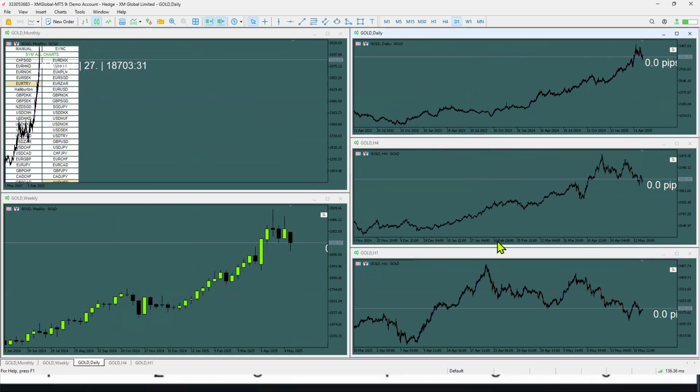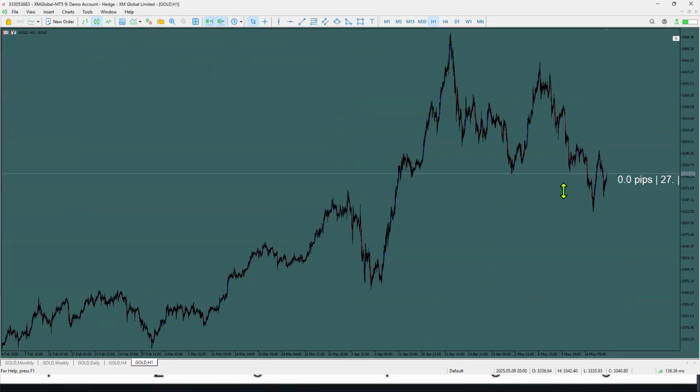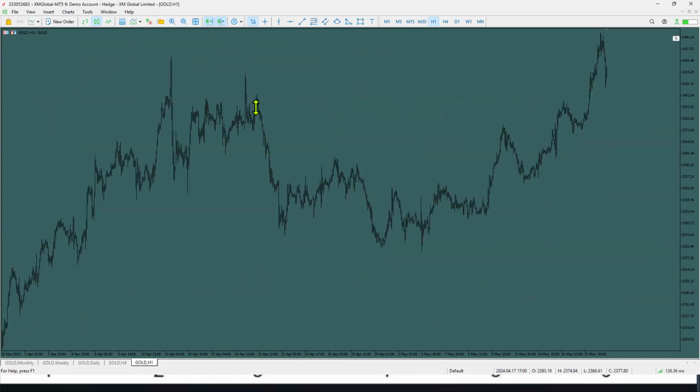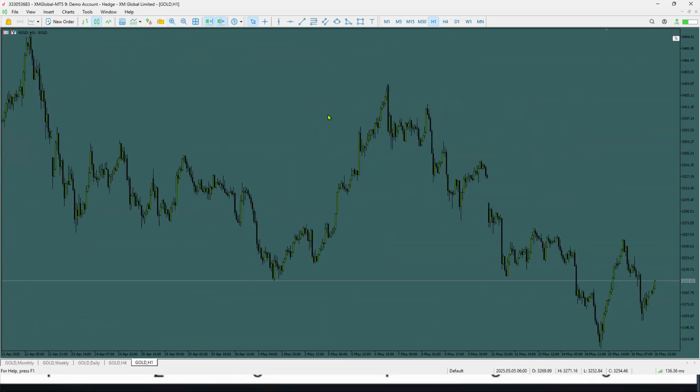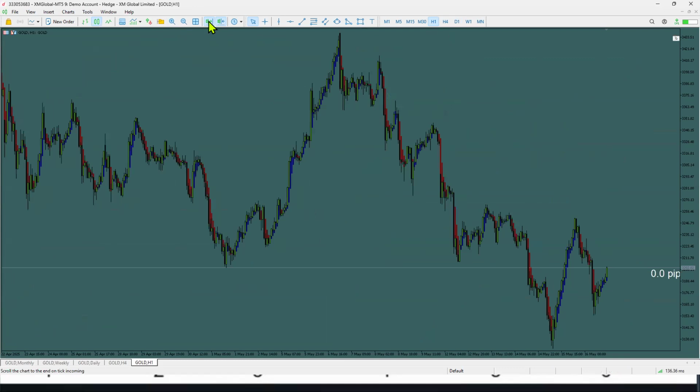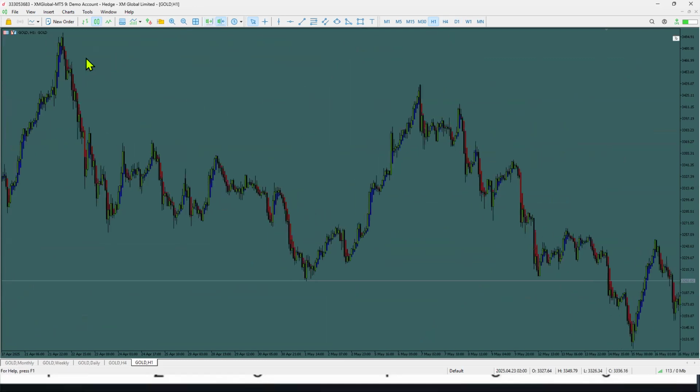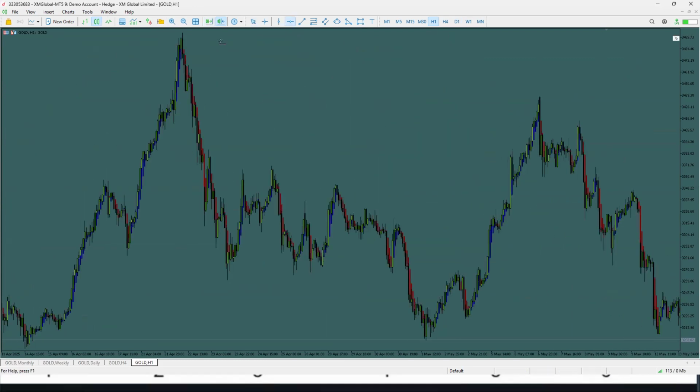Okay, so this is gold. This is gold 1 hour. We did the analysis, we were trying to do the analysis here, that day. But let's see. So this is the top. This is the highest point the market got to.